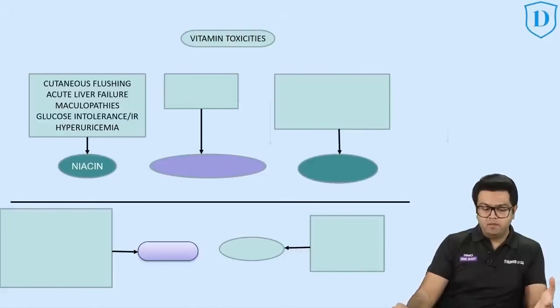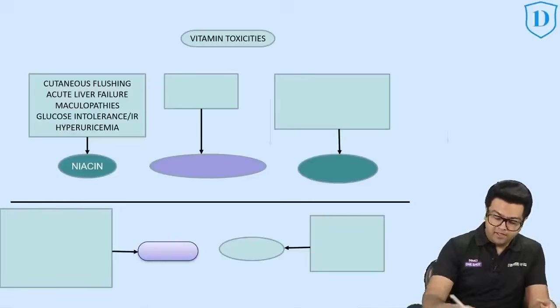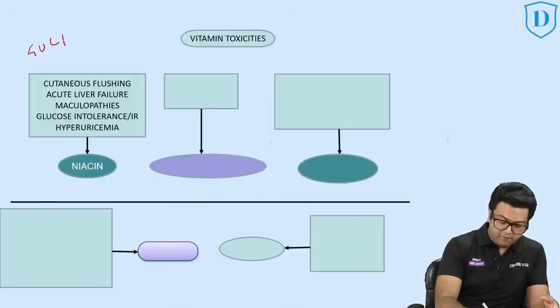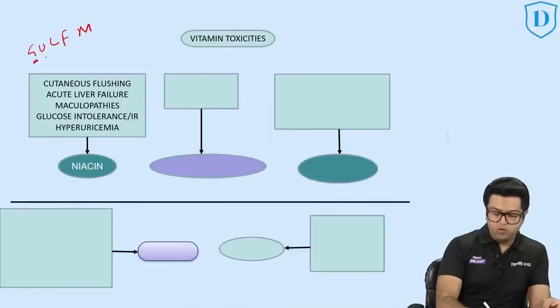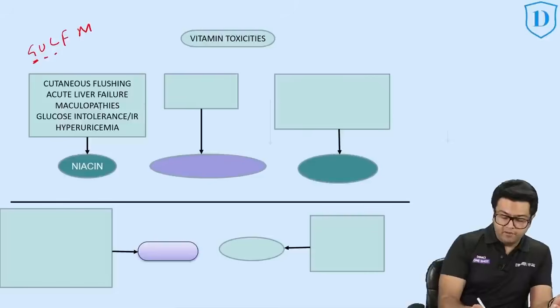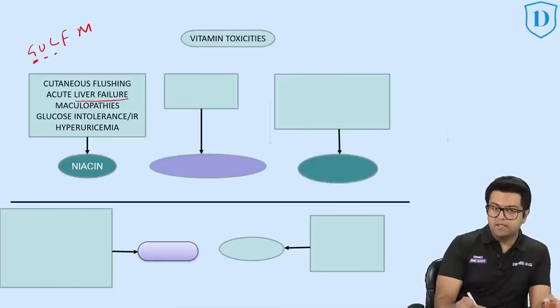Guys, we can remember this by a mnemonic also, like Gulf of Mexico, right? G for glucose intolerance, U for uric acid is high, L for the liver failure. Guys, liver failure is one of the most common questions in the exams till now.